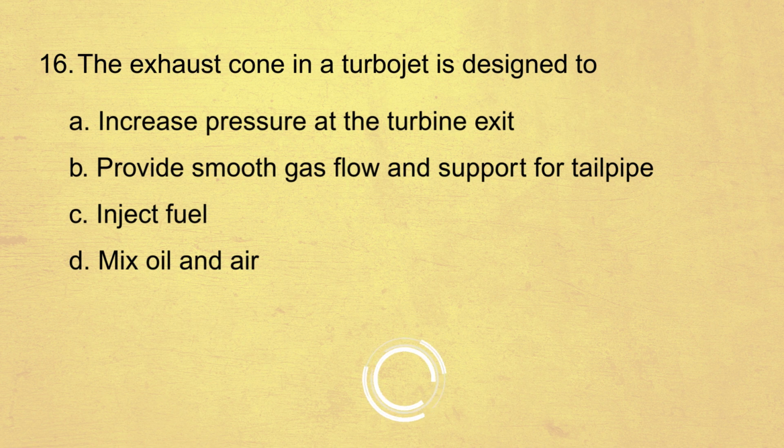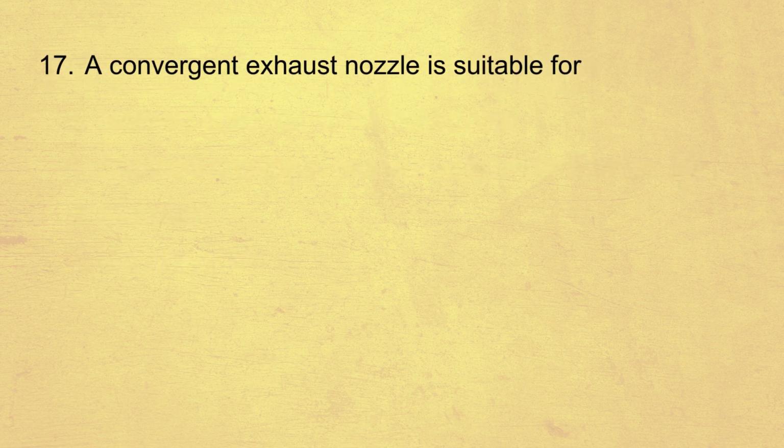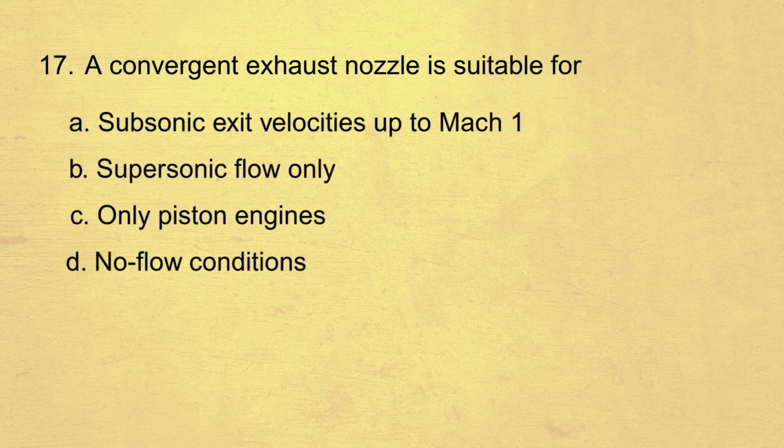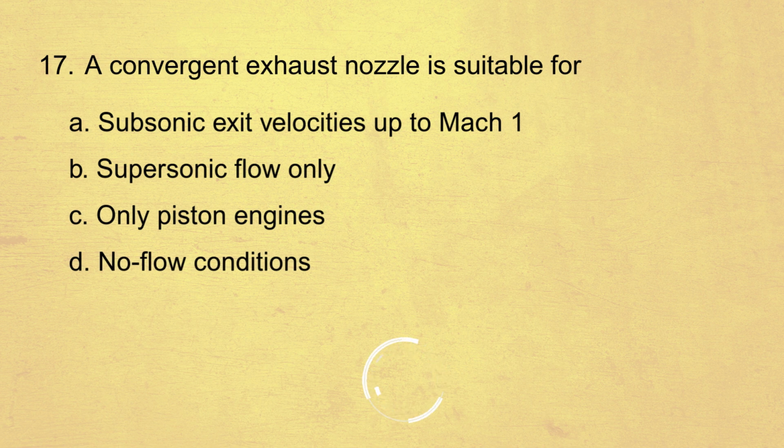The exhaust cone in a turbojet is designed to provide smooth gas flow and support for the tailpipe. A convergent exhaust nozzle is suitable for subsonic exit velocities up to Mach 1.